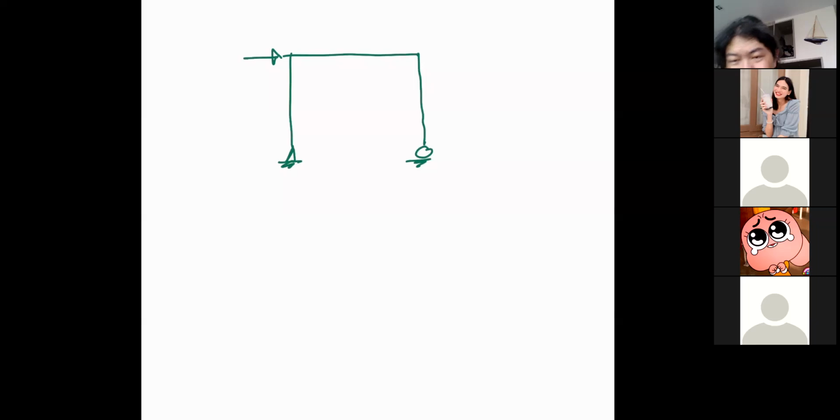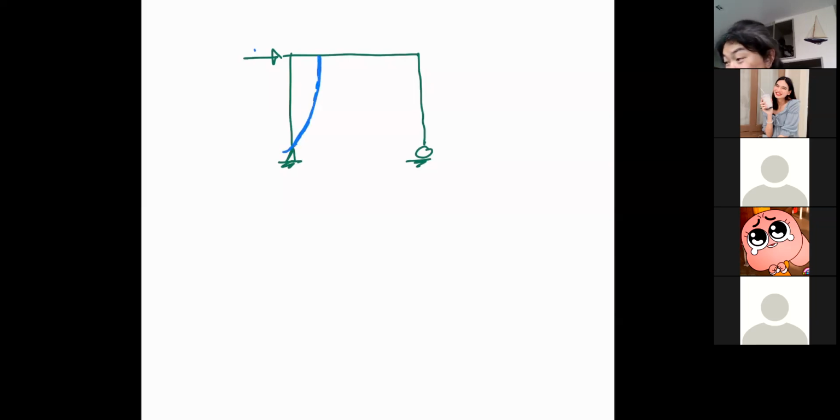Okay, guys, that's 2 minutes now. I don't want to drag it on too long because the class may be too late and you may not be happy. Because this is a hinge, it has to rotate. So this load is pushing the frame to the side, so it has to go like this. That's the curvature.